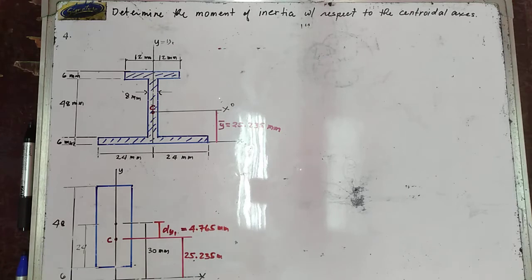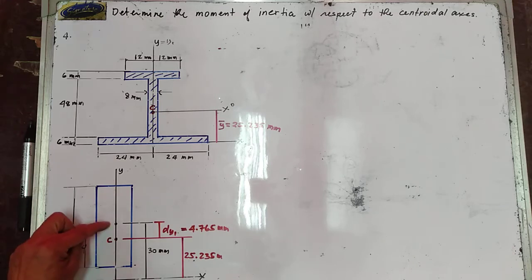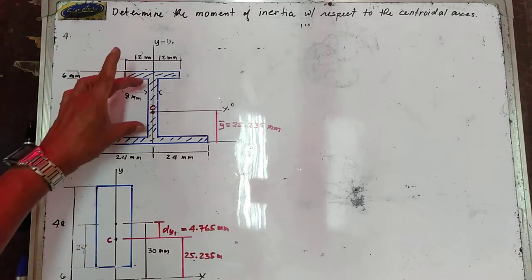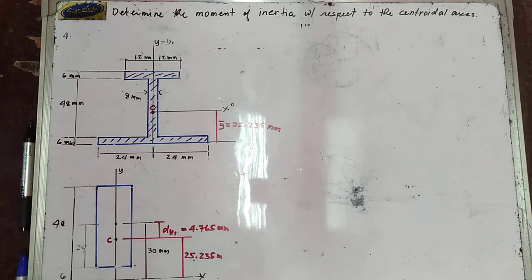So this is the distance D in here from the centroid of the composite area to the centroid of this area.